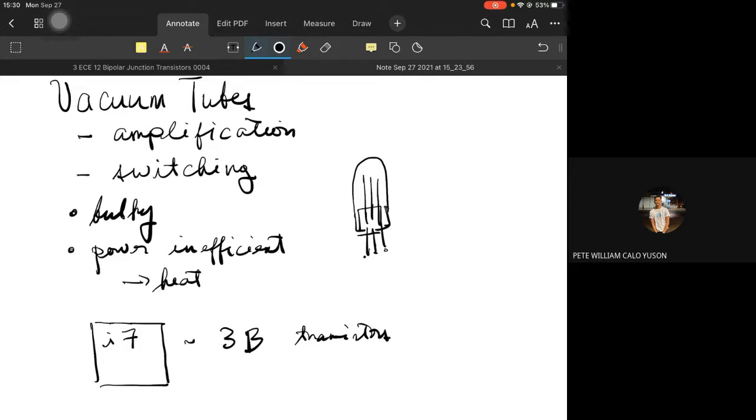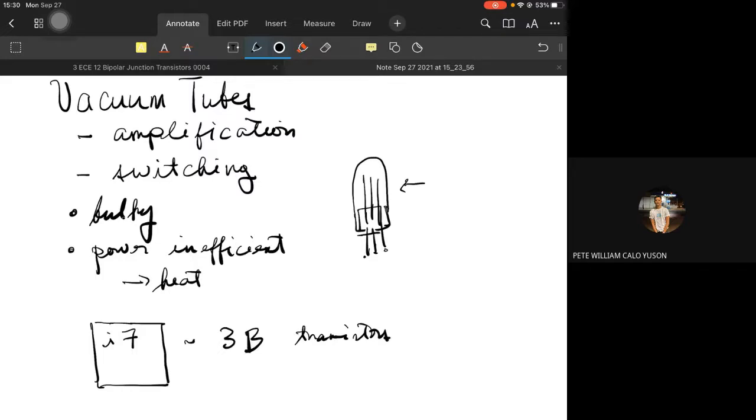Imagine 3 billion of those. How big a building would you need to house 3 billion vacuum tubes to perform the same processes that an Intel Core i7 could perform? Try to imagine that.